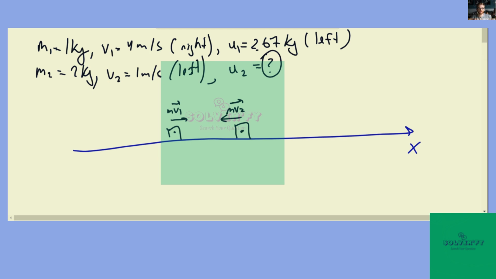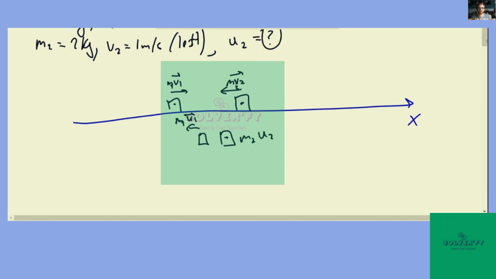Then they collide, and after the collision the first block starts moving with a momentum of m1u1 to the left, and the second block has a momentum of m2u2, which we have to determine.